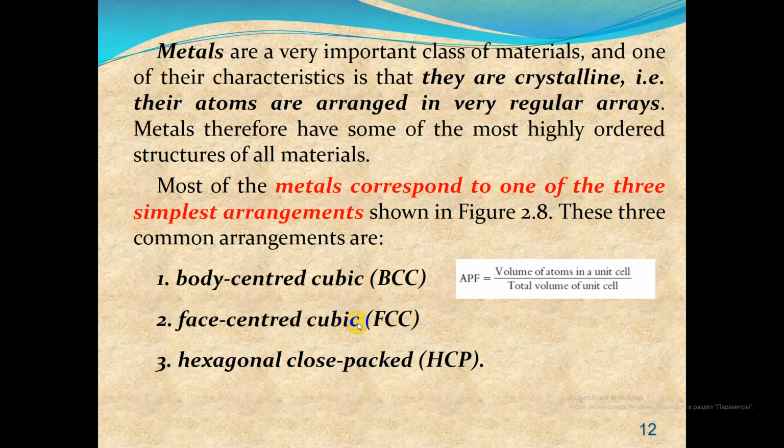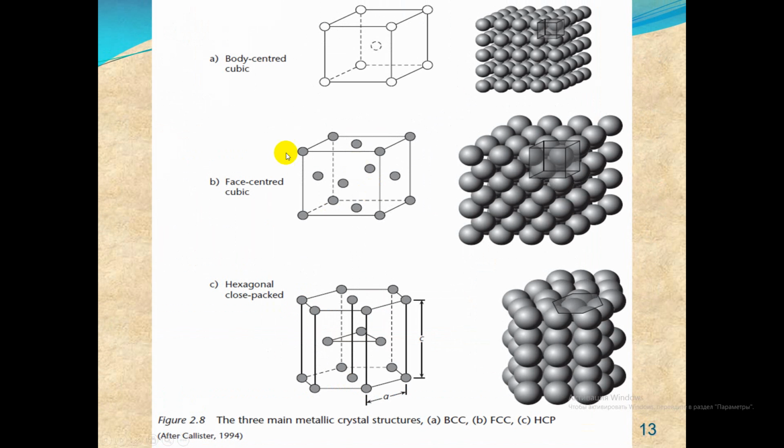Face-centered cubic. This is the structure found in some of the common engineering metals, such as austenitic steel, aluminium, copper, gold, silver, nickel, etc. With face-centered cubic metals, the atomic packing factor is 0.74.